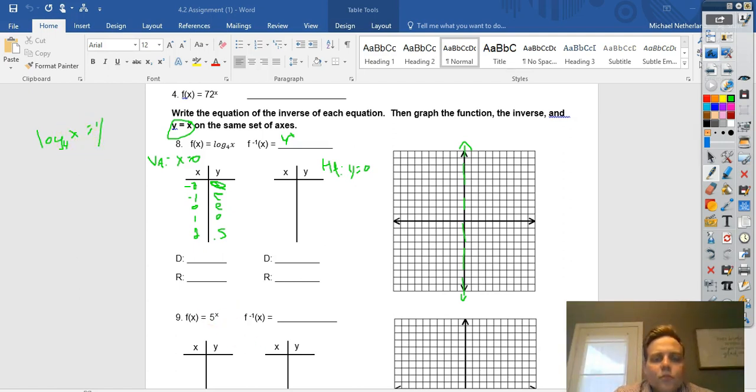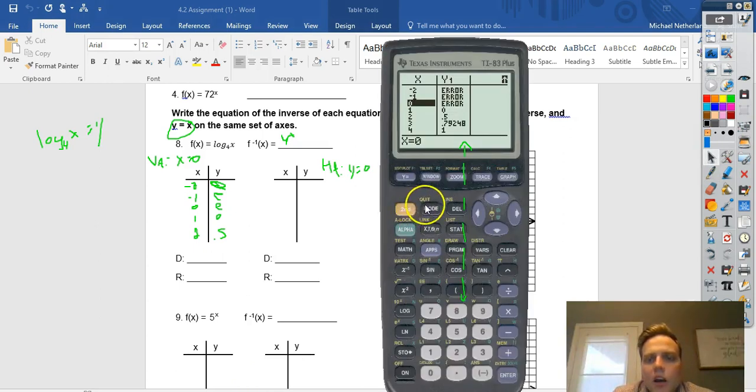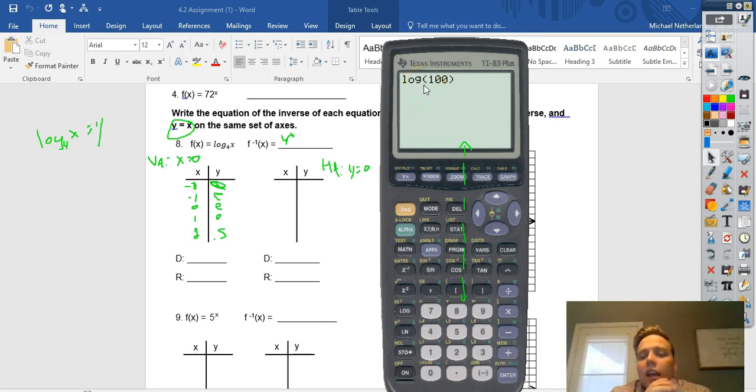So in other words, when you type in a log on a calculator, something such as log of 100, before I press enter, let me talk about a couple things. When you just type in log on a calculator, the understood base is 10. So right now, you're about to calculate log base 10 of 100.